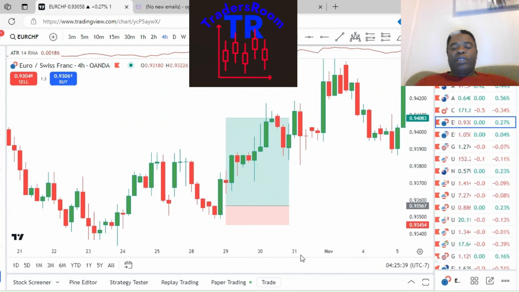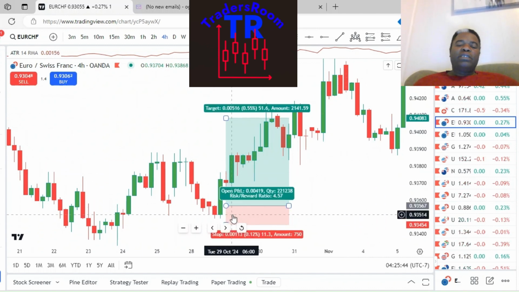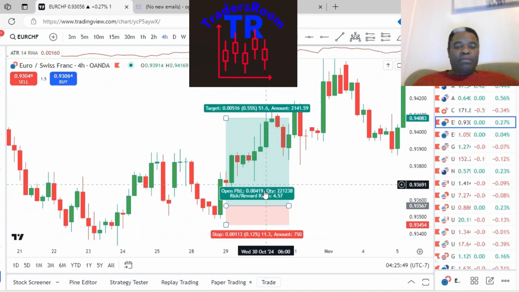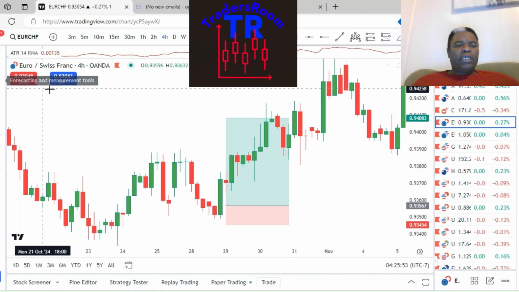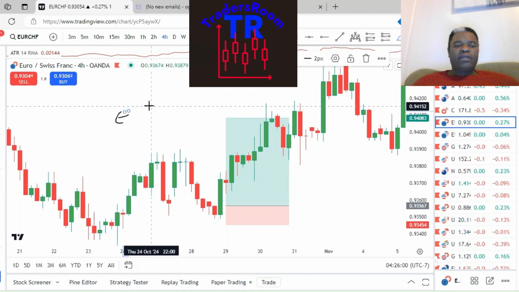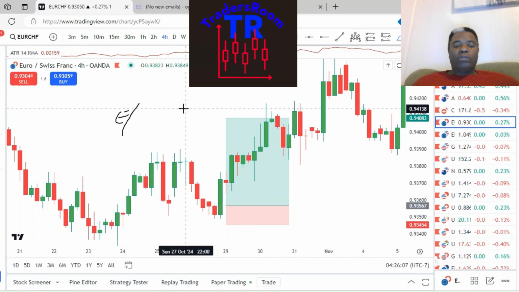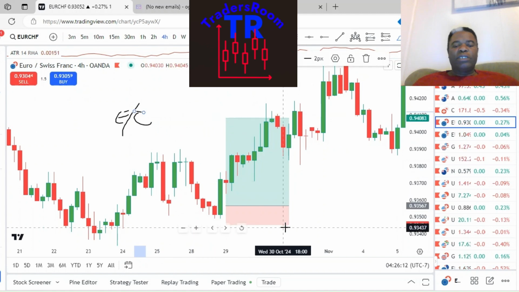So what does this really mean? This is a long. When we say long, it means that it's bullish, that we want to buy. Here we see that we have euro against the Swiss francs. When we say that we have euro against the Swiss francs, what does this mean?